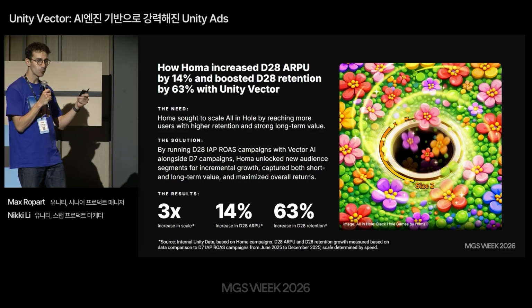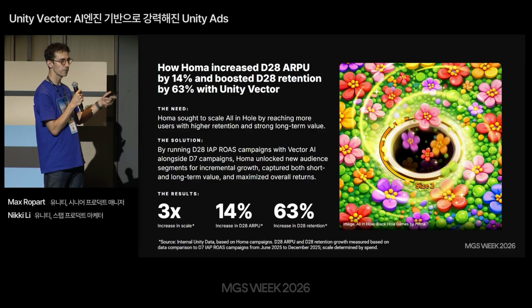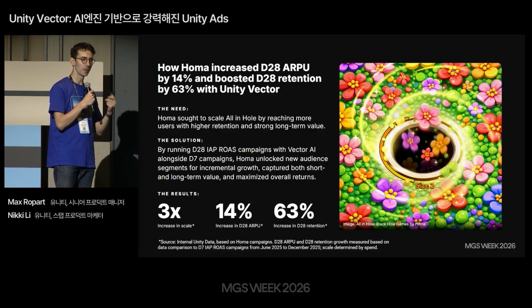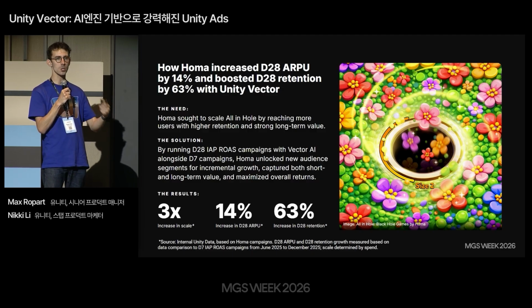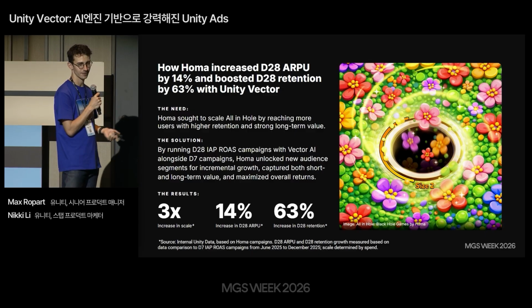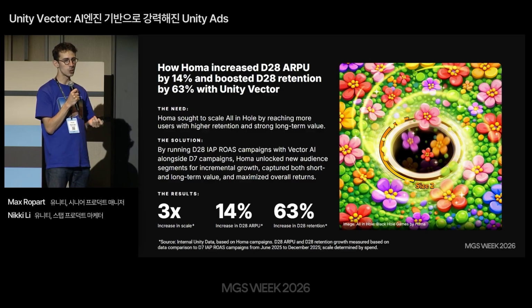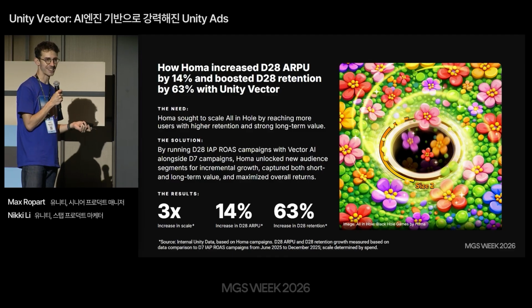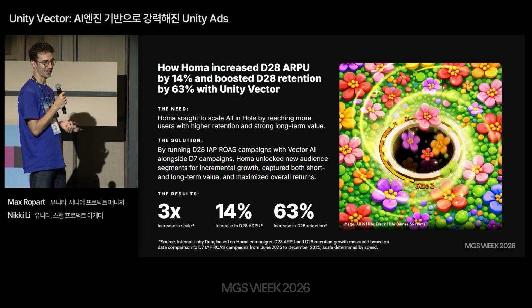So by running D28 IAP ROAS on top of the current strategy, Homa was able to complement the current user distribution with a new audience segment that maximizes the overall return. And the results, they do speak by themselves. They have tripled their scale, which is quite incredible.